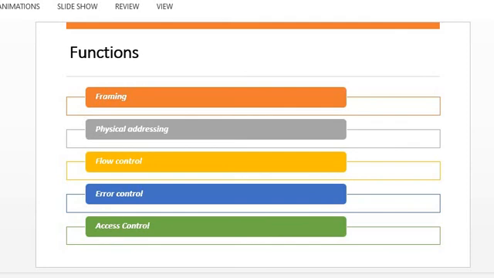So when you talk about access control, we talk about which device is currently controlling the movement of data in the communication process.